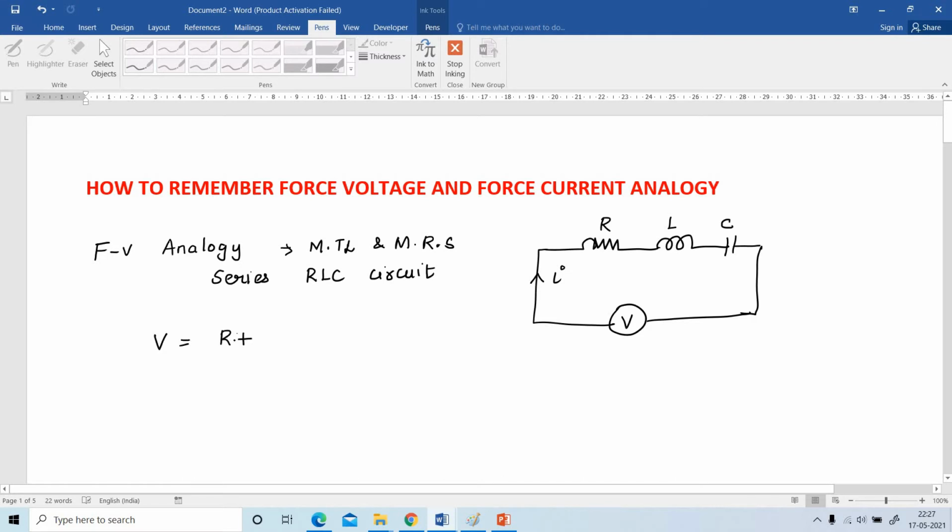V is equal to R into I plus L into di by dt plus 1 by C into integral I dt. Next, substitute I is equal to dq by dt.